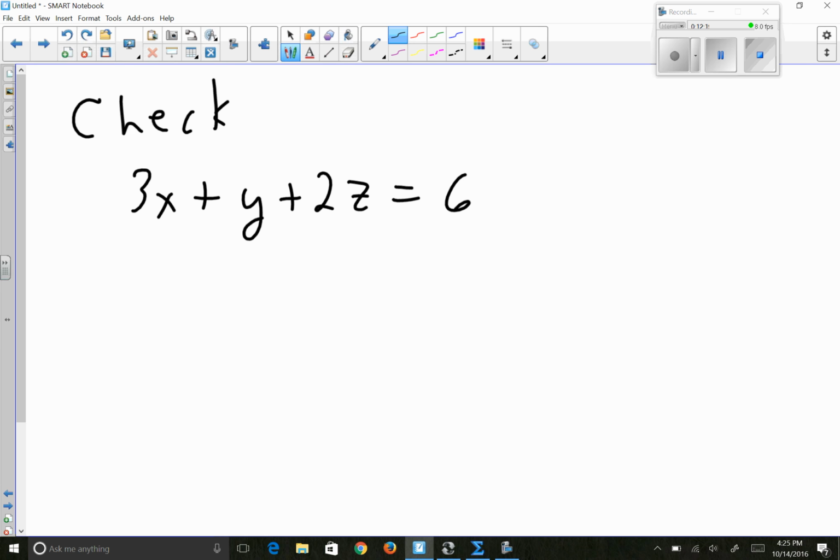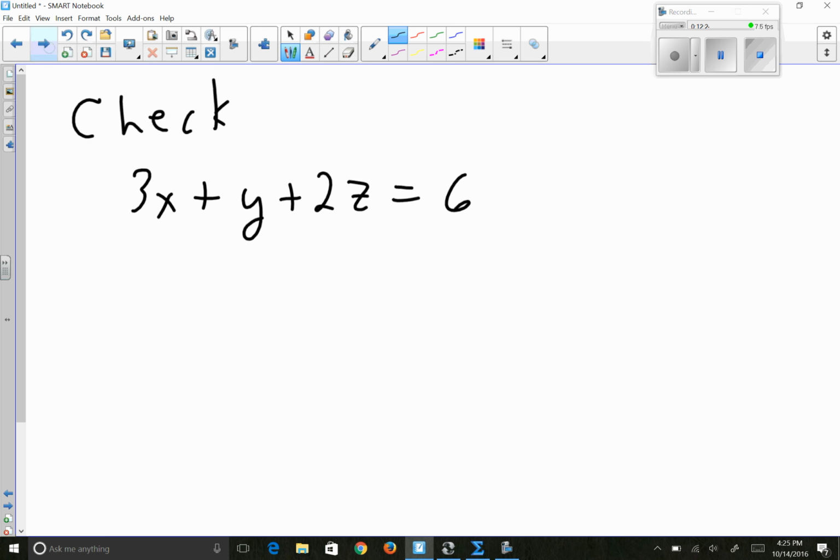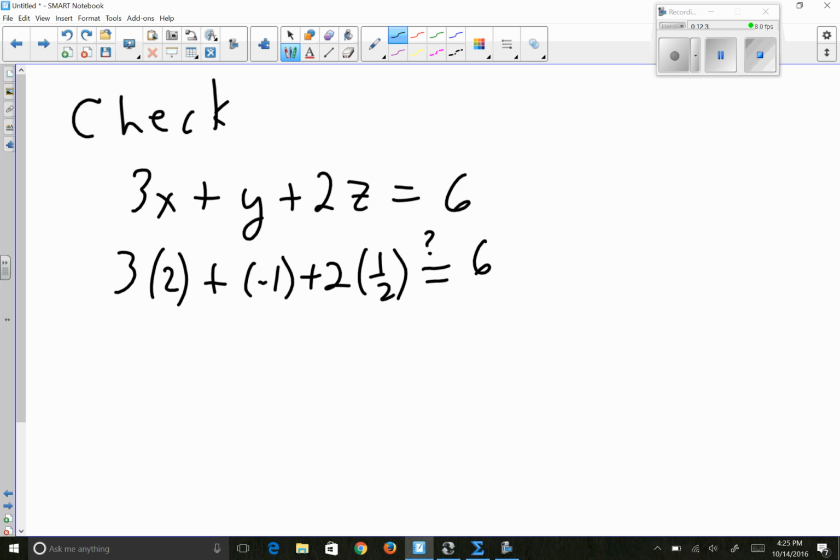We want to make sure this equation is true when x is 2 and y is -1 and z is 1/2. 3 times 2 is 6. Adding -1 is the same as subtracting 1. 2 times 1/2 is 1. 6 minus 1 plus 1. That's 6 equals 6. Check.